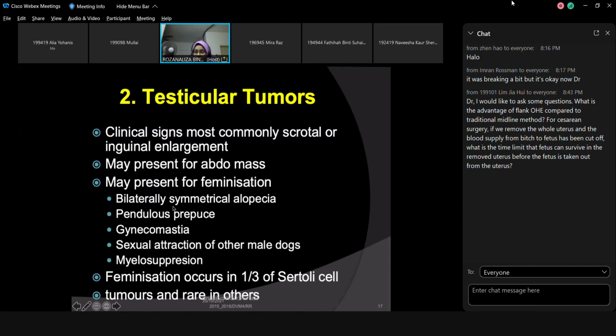So you've got to pay attention to these signs. If you find that this dog is cryptorchid and has this feminization, and a pendulous prepuce, very saggy, very baggy, then you have to start to suspect this patient might have a testicular tumor and warrant a surgery.